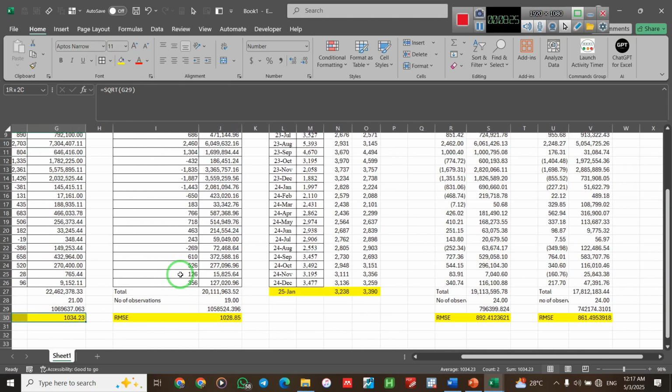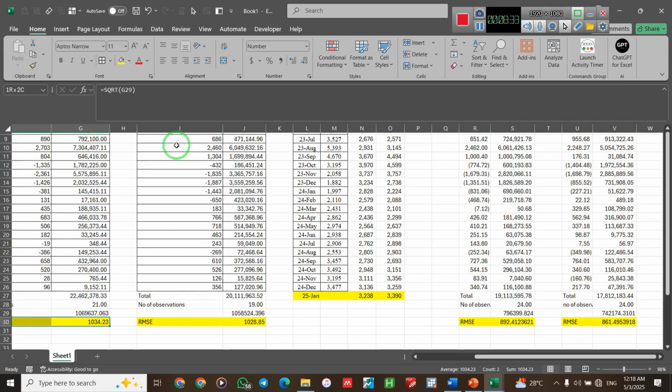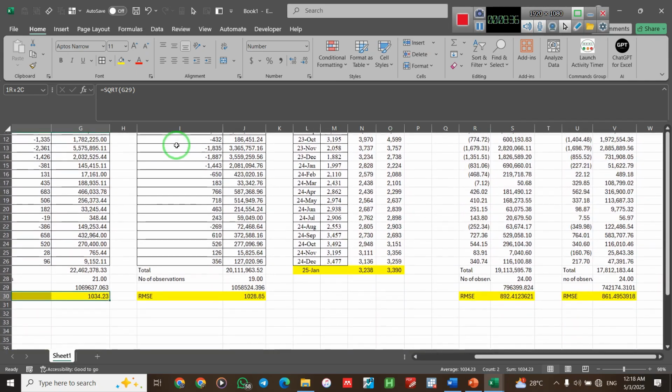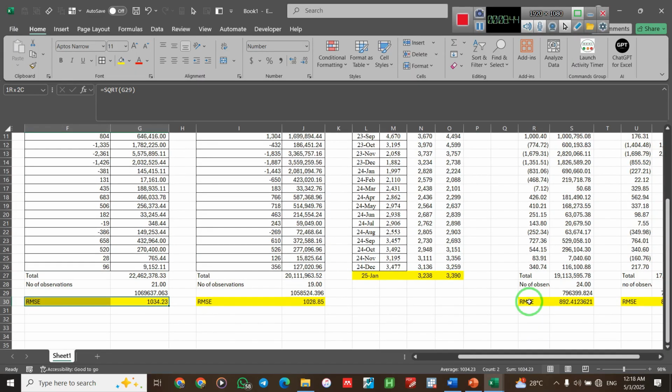So when we compare the RMSE values of exponential smoothing with the moving averages, we can see that in exponential smoothing the RMSE value is less than 900, right? So that is better. But in the moving average method, the RMSE value is greater than 1000. That means there is a problem.